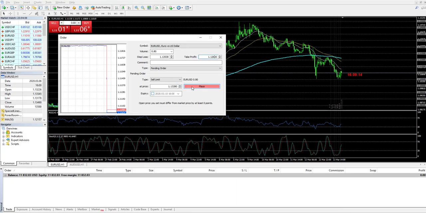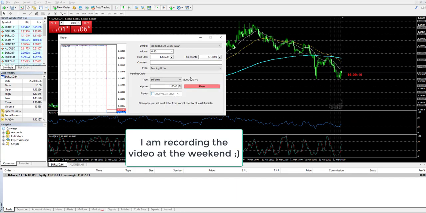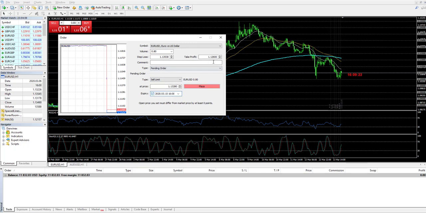Correct. So I place the order. Oh, market is closed, but it's fine. So you set the open rate, SL and TP, and you place, and you are done for the day. So you put this order, you let it trade by itself.